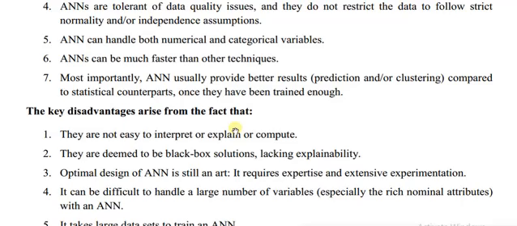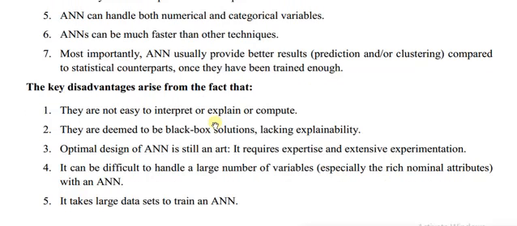It can be difficult to handle a large number of variables, especially rich nominal attributes, with an ANN. If there are n number of input attributes, it becomes a bit difficult to train the network. Then lastly, it takes large data sets to train an artificial neural network. The data set must be sufficiently large.